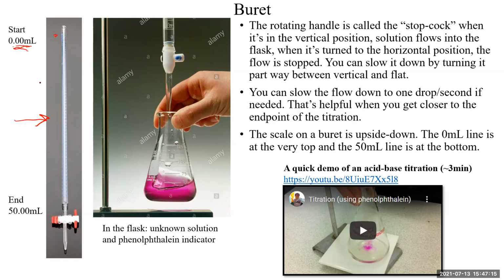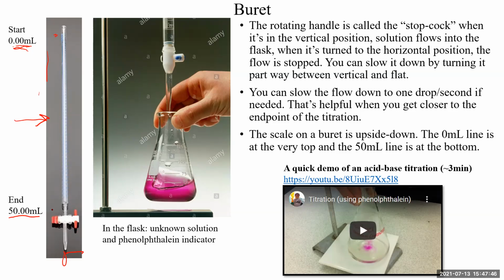And then as you dispense solution from the bottom of the burette down at the tip here, as the solution's volume decreases, the actual numerical value increases in the burette. So you read this scale upside down. You start at 0, and as you lose more volume, you're actually going up in volume until you lose the maximum amount of volume, which is 50 milliliters for most burettes.